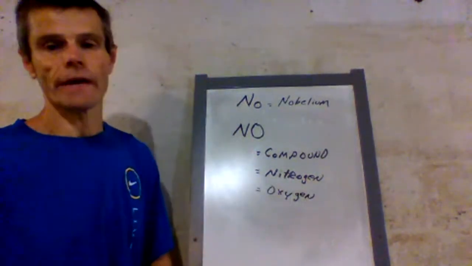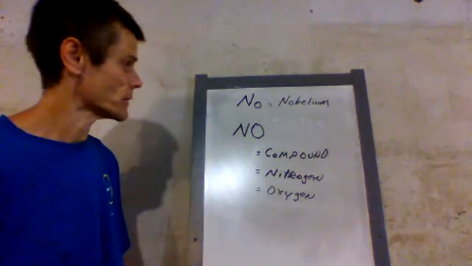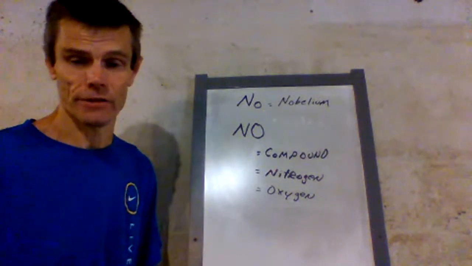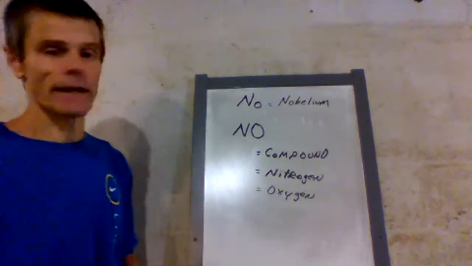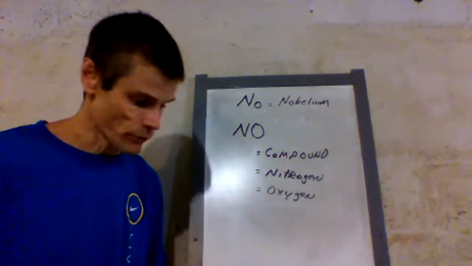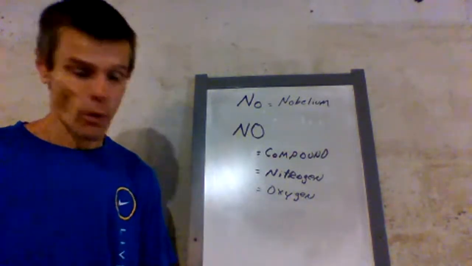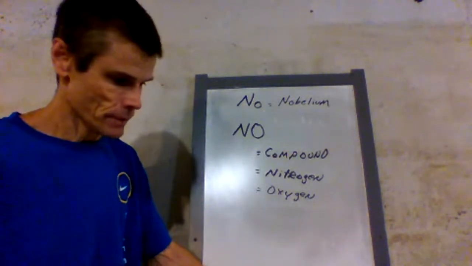Later, we're going to learn that NO has a name to it. We'll learn how to name chemical compounds. This is nitrogen monoxide. Now, wherever we collect a sample of nitrogen monoxide, it's always going to be composed of one atom of nitrogen bonded to one atom of oxygen.